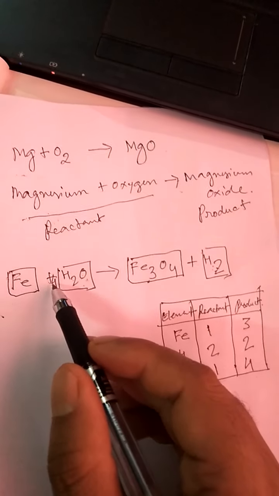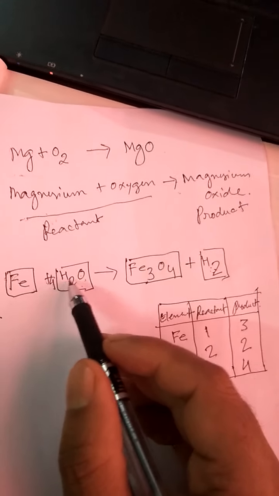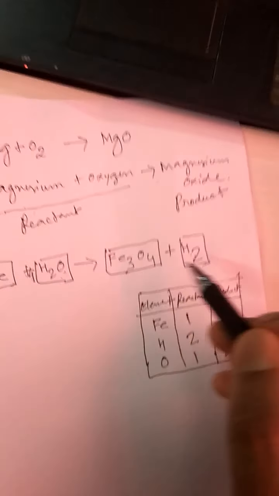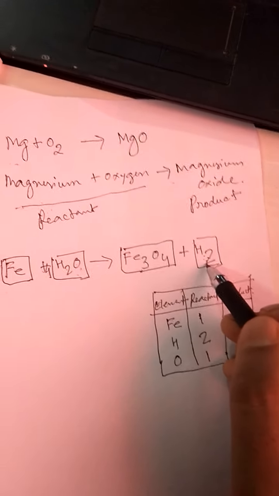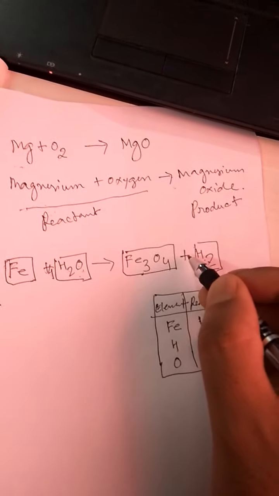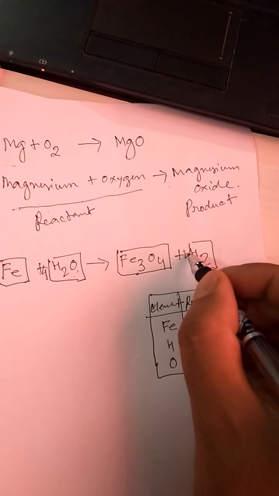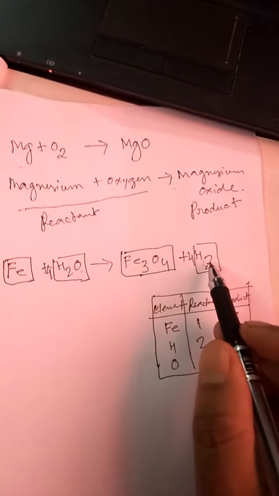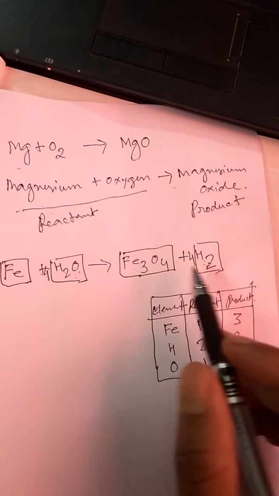It was already 2, and 4 written outside will multiply to 8, but here it is only 2. So now we have to balance this one. We are going to write 4 here. So 4 times 2 is 8, and 4 times 2 is 8. Now oxygen and hydrogen are balanced.